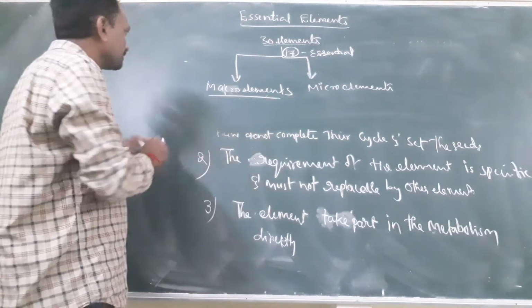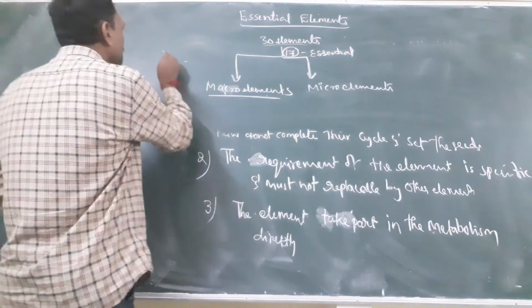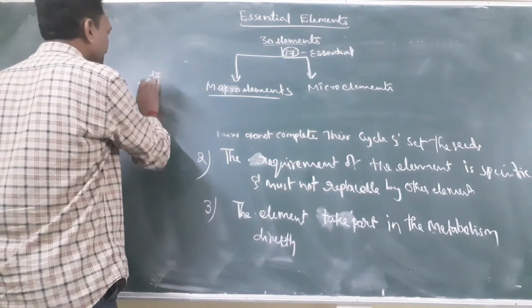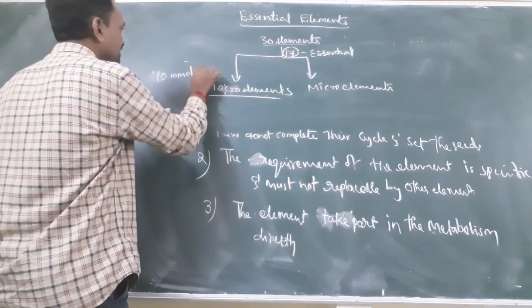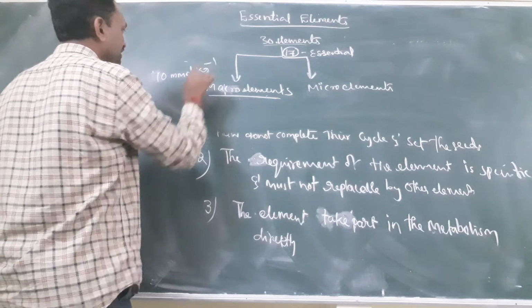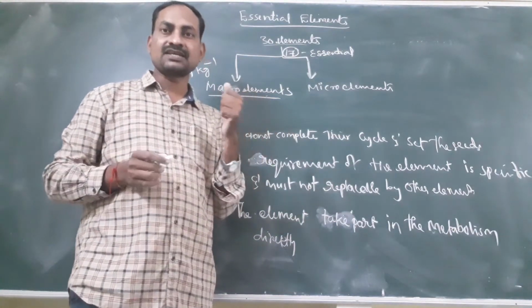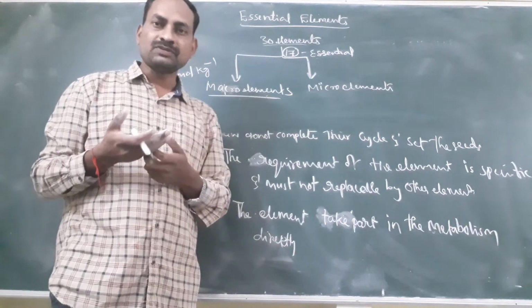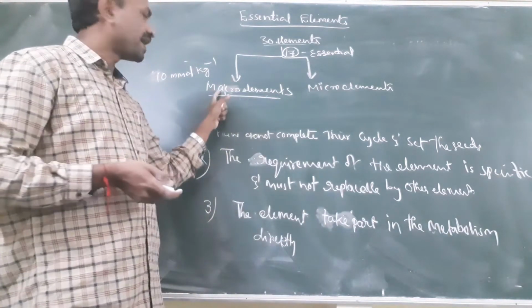Macro elements are those required at more than 10 millimolar per kg dry weight of the plant.